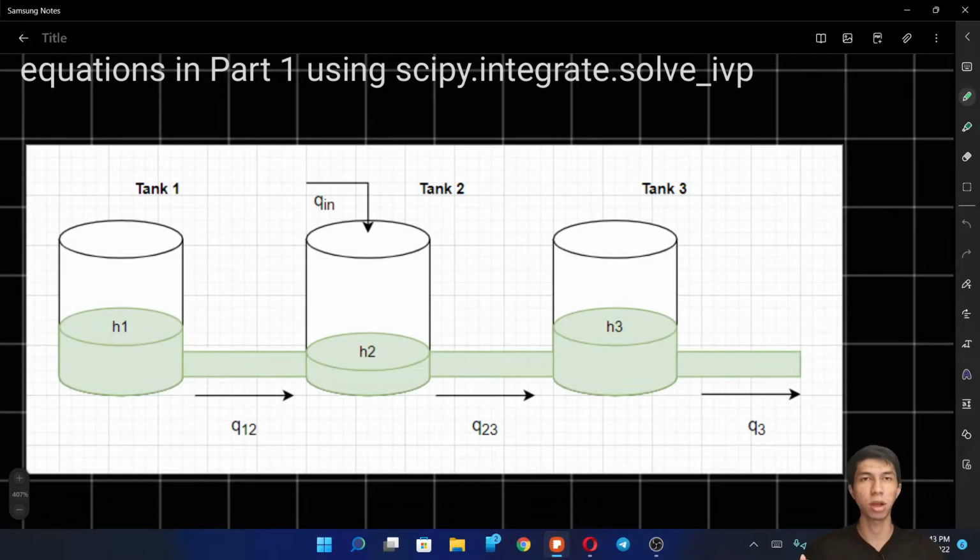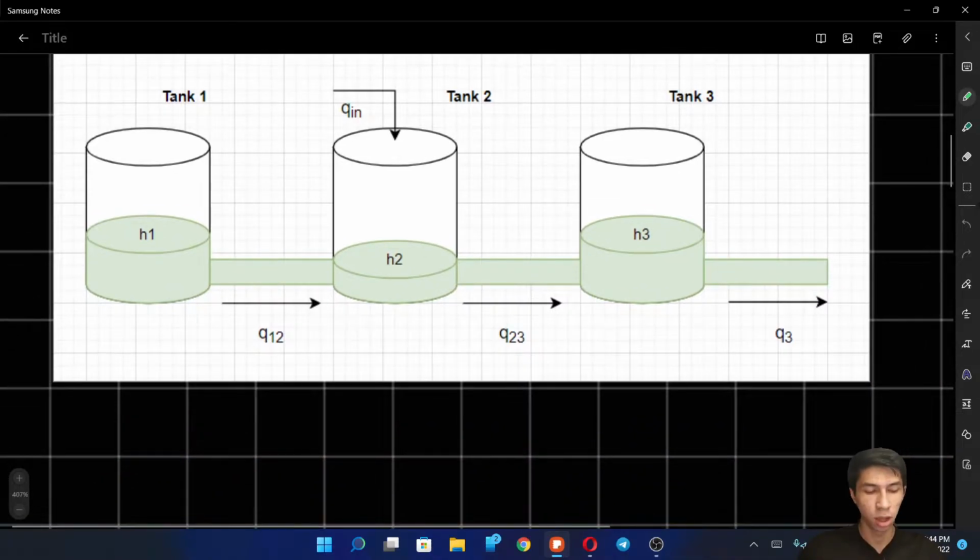And there is also material going into tank 2. Here we can see it on the diagram. We'll be labeling our flows as Q, with subscripts one, two, three, four to represent which flow they represent.